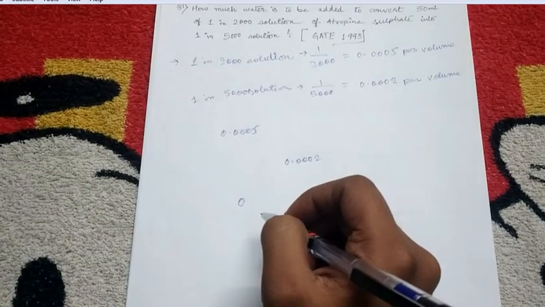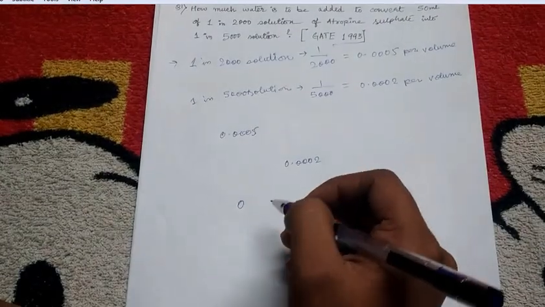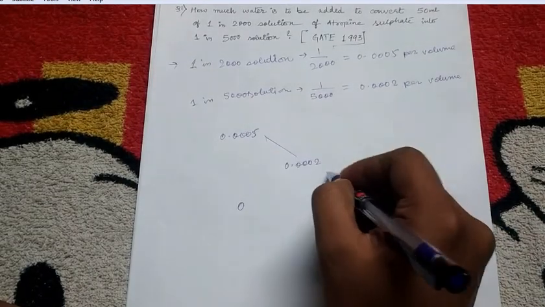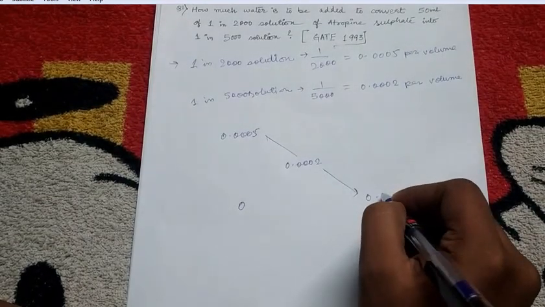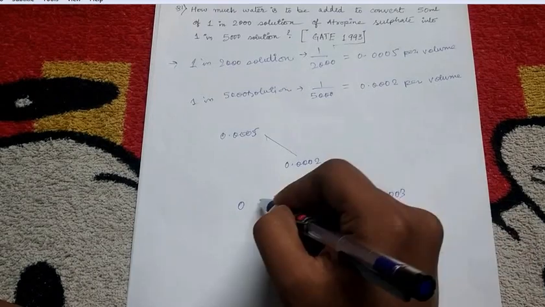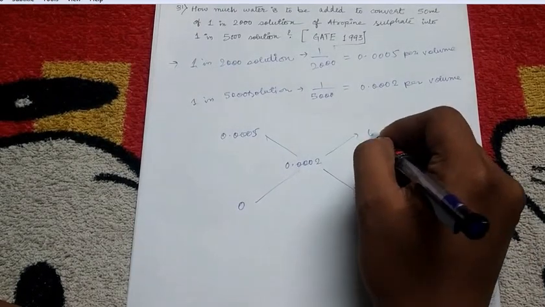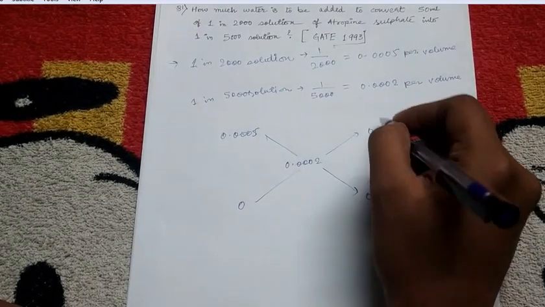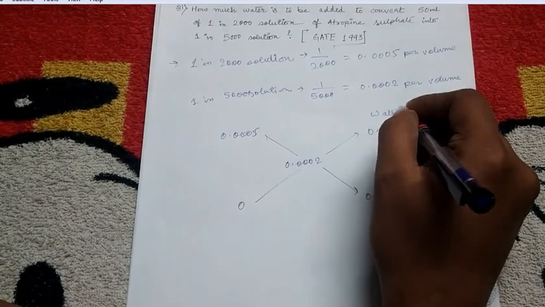Okay, you have to keep this in mind, and then we subtract to get 0.0003, and 0.0002. So this is the amount of water.